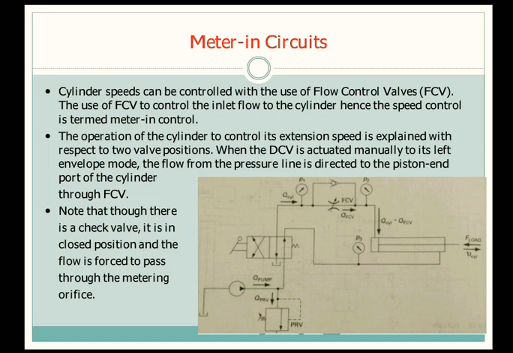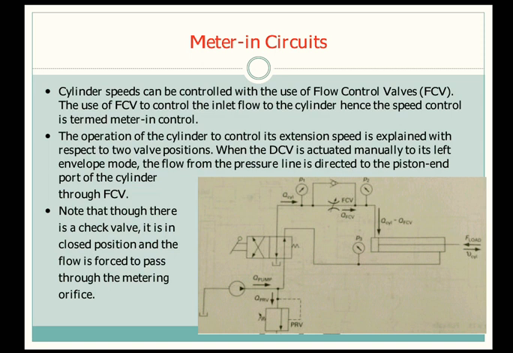When the left envelope position is in operation, the fluid from the pressure line is directed towards the piston end port of the cylinder through the flow control valve. You can note that the check valve is in closed position and flow is forced to pass through the metering orifice.